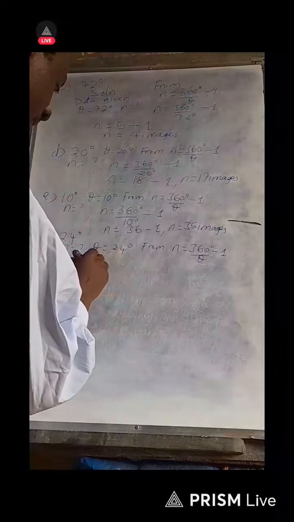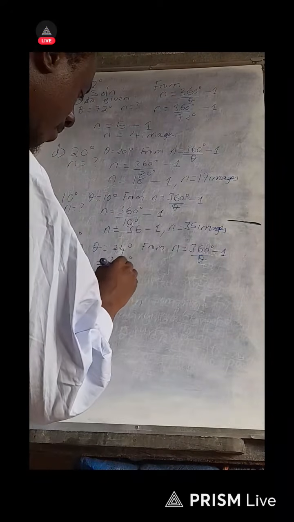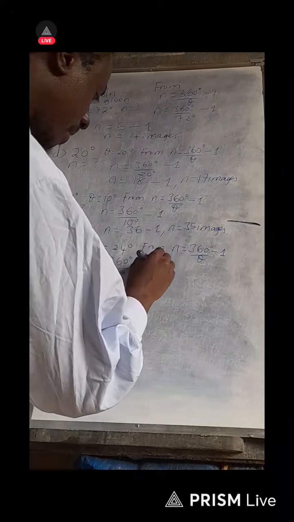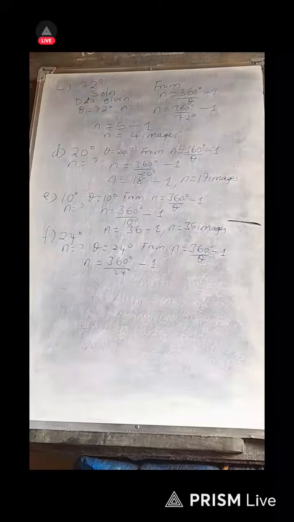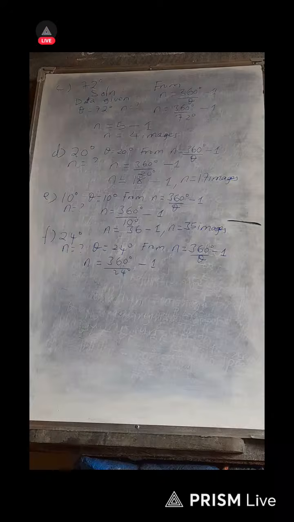So now it will be n is equal to 360 degrees over 24 degrees minus 1. If you have 360 divided by 24, of course you can get almost, if you divide it there, how much?